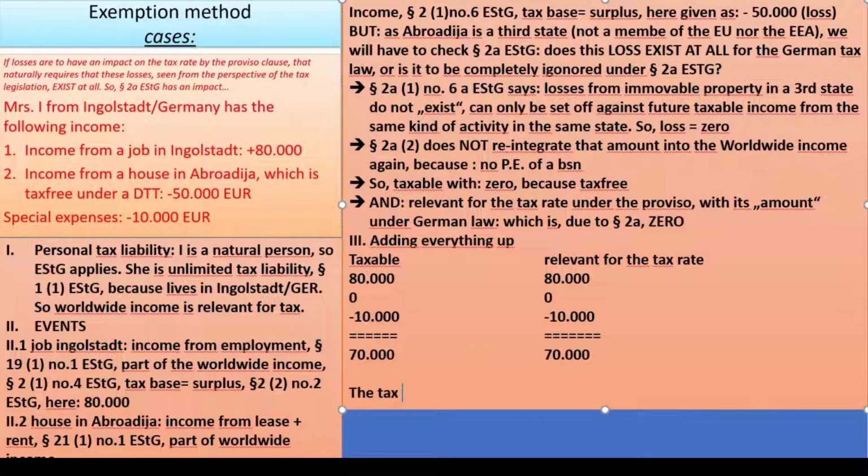So the tax is 0.42 minus this correcting factor, that's the value for 2022. If you read or listen to that video in a later year, probably the correcting factor has changed, but that doesn't change the logic.